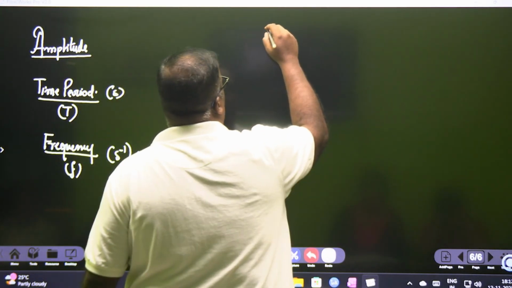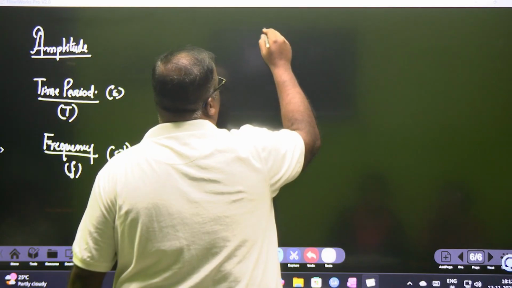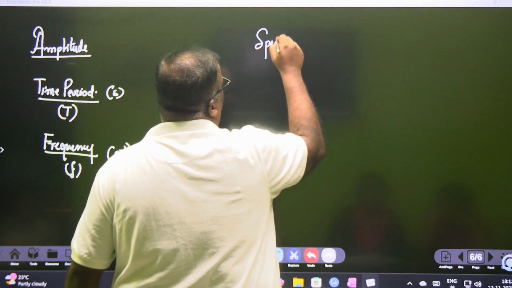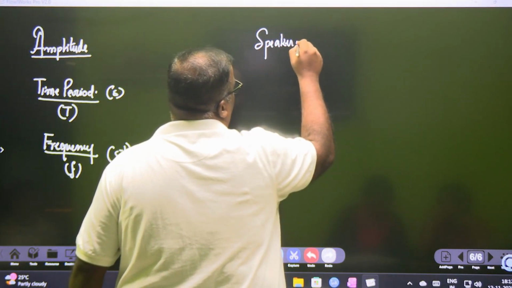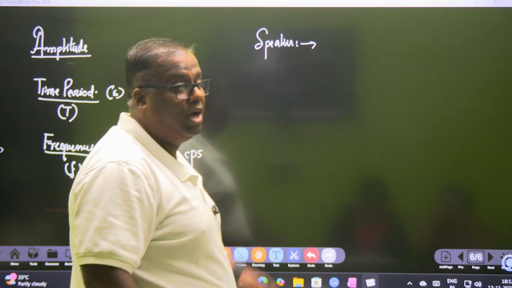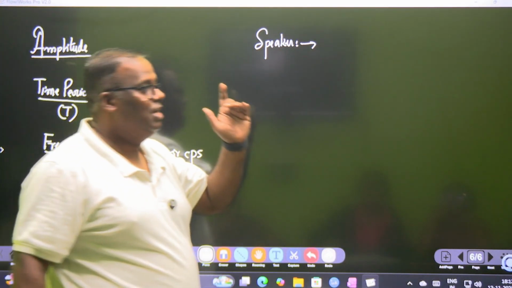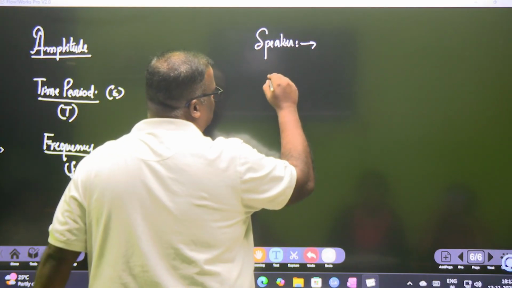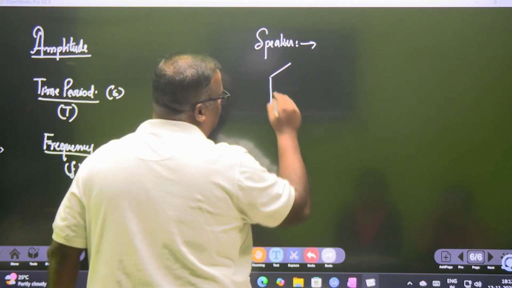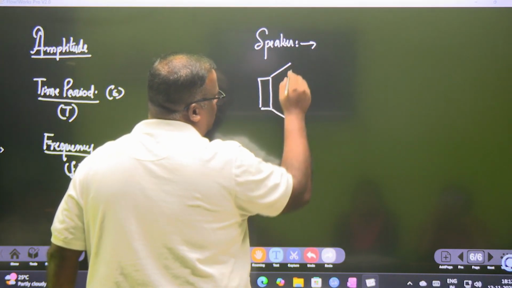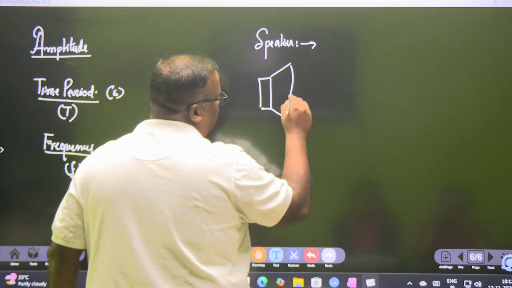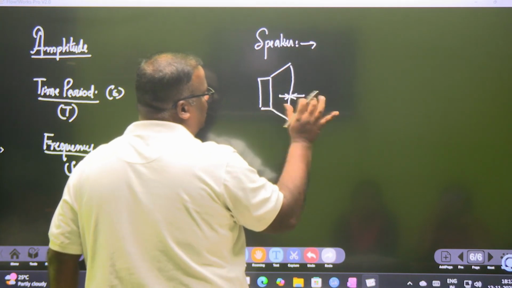Let's take one problem, okay? Suppose you have a speaker, a speaker of your headphone, and the speaker is vibrating. Now why was this taught with sound? Everything vibrates. This is my speaker, this is the magnet of the speaker, and this is the membrane, and this membrane is actually vibrating.